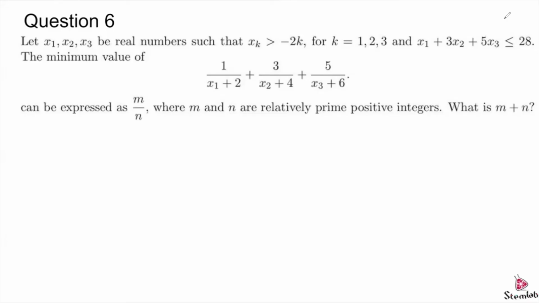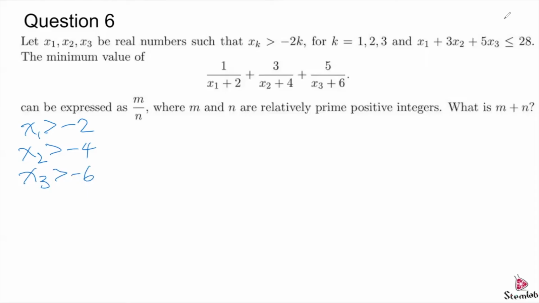Okay, so typically with minimization, maximization, we try to work with positive numbers. So we'll try to somehow express the x sub k's as positive real numbers. So here we know that x sub 1 is greater than negative 2, x sub 2 is greater than negative 4, and x sub 3 is greater than negative 6.